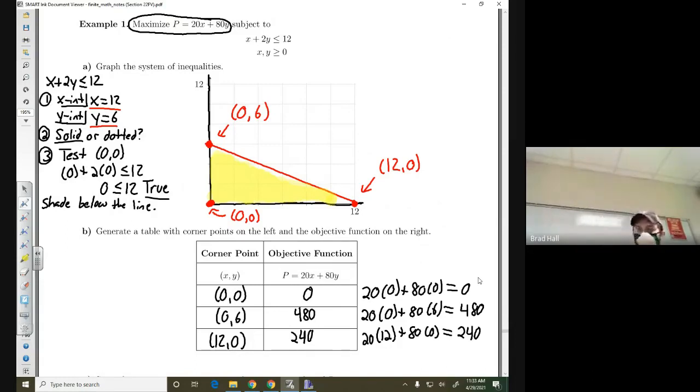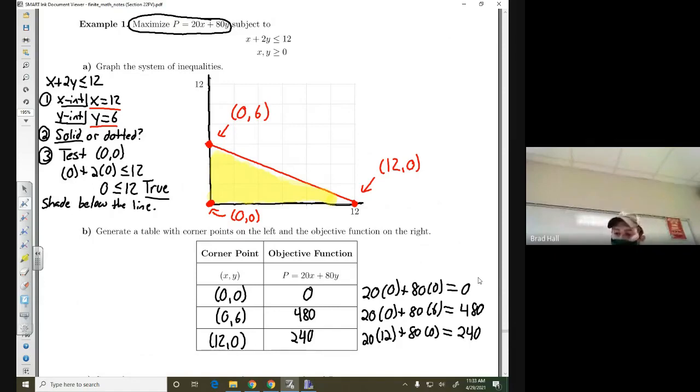For each ordered pair, we're given a different set of x and y that we plug in. So normally the graph is the difficult part, but once you figure out the corner points, the extension of this is much easier. But graphing everything on your own, it's honestly a pain.